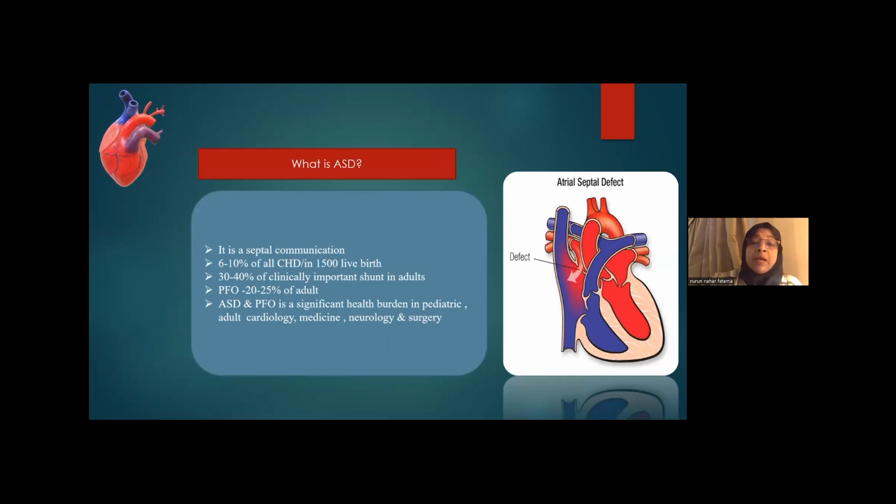Now we should know what an atrial septal defect is. Atrial septal defect is a septal communication present in 6 to 10% of all congenital heart disease patients, and in 1 in 1500 live births. 30 to 40% of clinically important shunts in adults are atrial septal defects, and patent foramen ovale is present in 20 to 25% of adults.